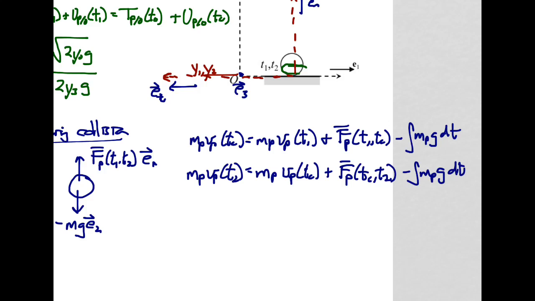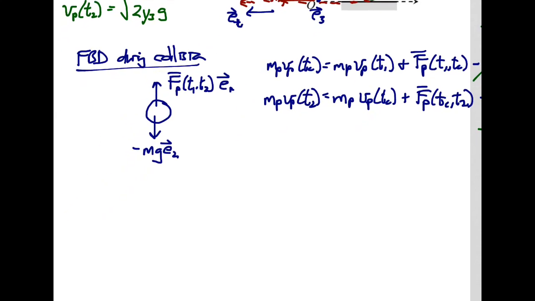And so this is an integral that we can solve. So we get negative mpg delta t, which is that small time period, and then we'll get a negative mpg delta t for this expression as well. And this is where the time is a very, very small increment.